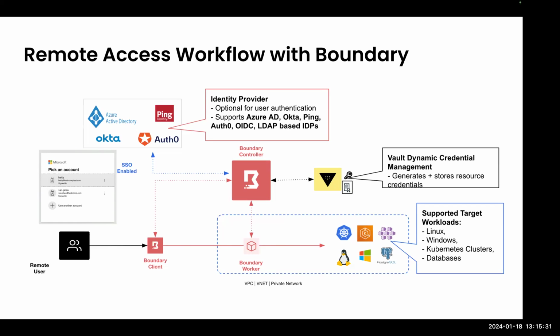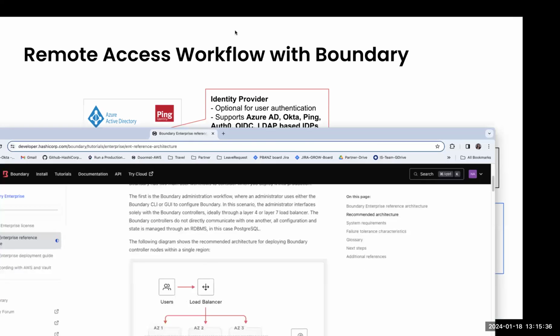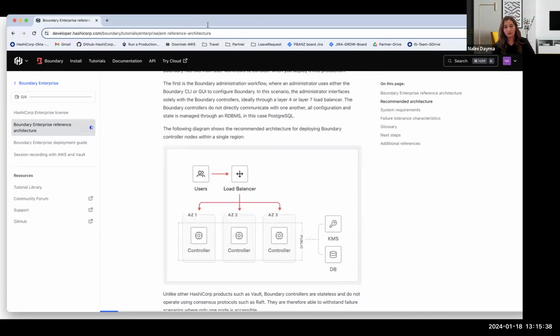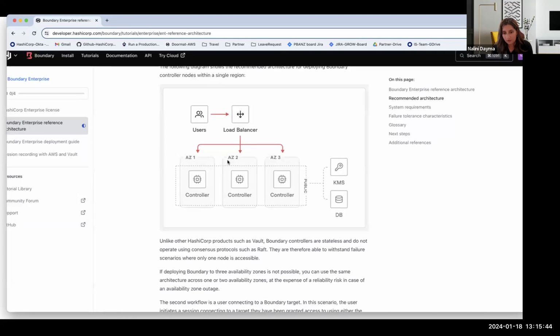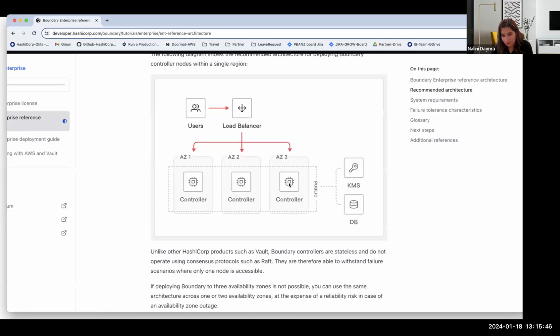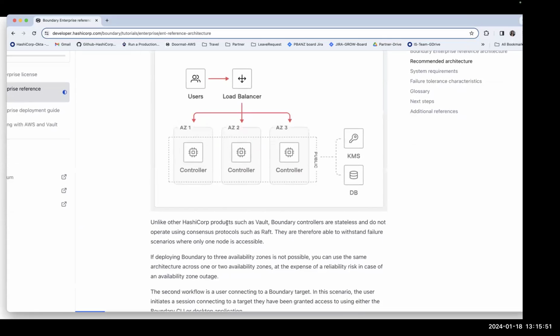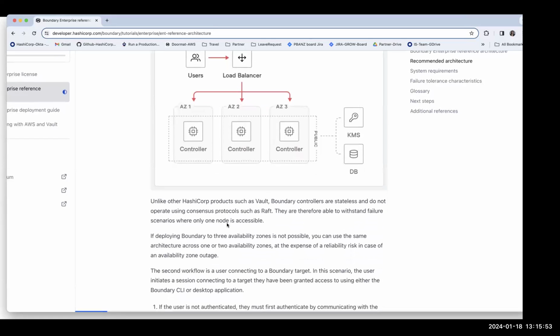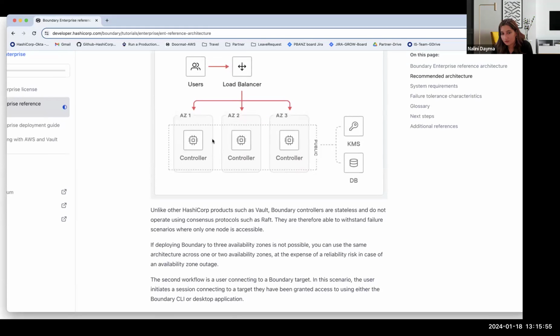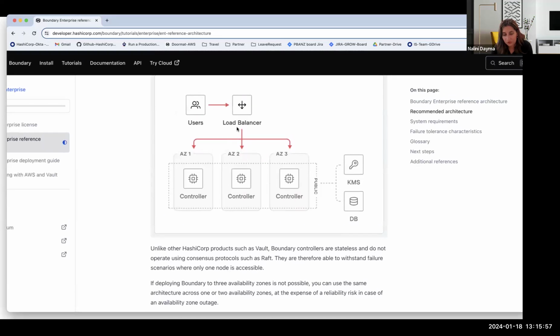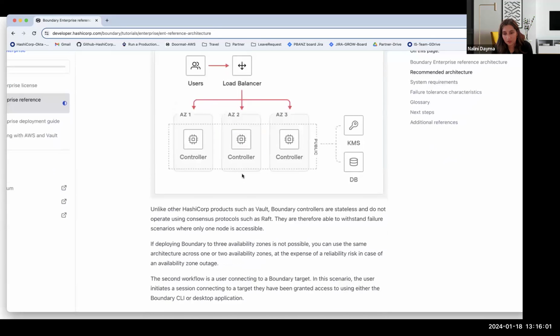Okay. So are you able to see the screen where I've opened the link for you? It's showing you can install the controller across 3 availability zones, and the load balancer will then route the traffic across the 3 availability zones.